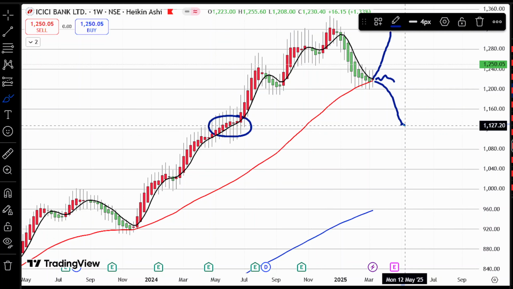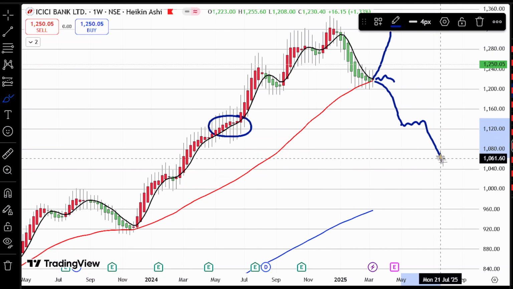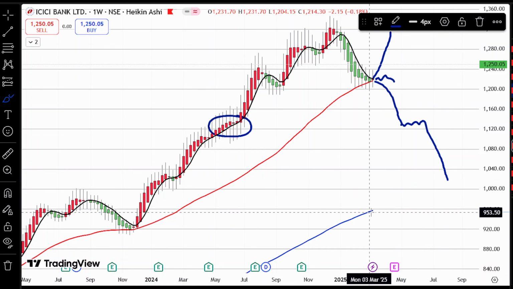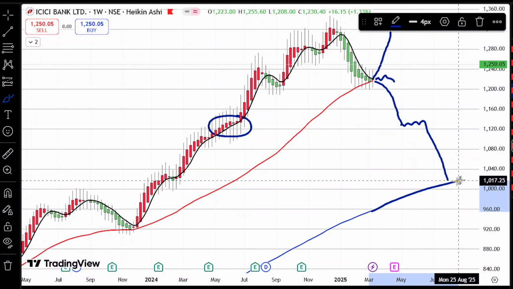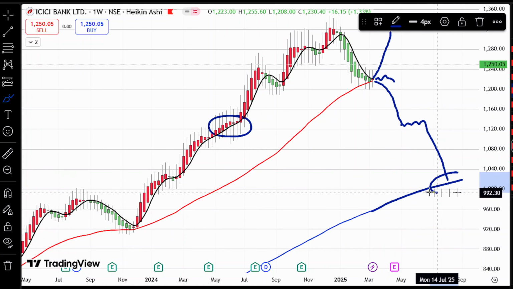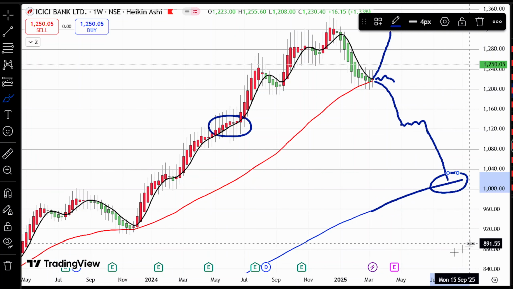When it touches here, it might go a little bit and then go all the way down here. This is the strongest support, as by then it would coincide with the 200-week EMA, which is very strong.